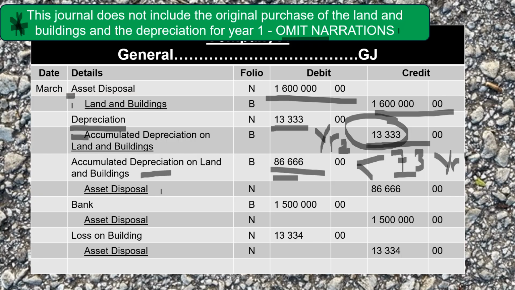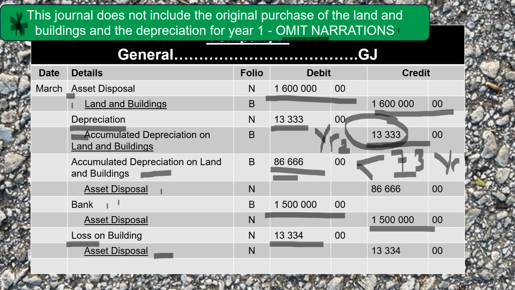Right, I've discussed that I think enough previously as we've moved through this video. Then we sold this asset. No, we didn't sell it. We received an insurance payout of 1.5 million, and we had calculated we had a loss on the building, and the loss on the building was 13,334.